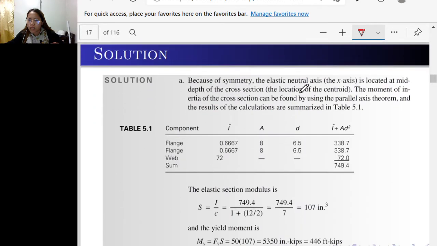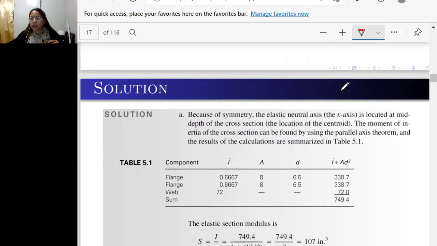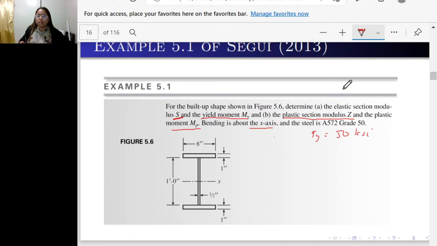Because of symmetry, the elastic neutral axis, the x-axis, is located at mid-depth of the cross-section, which is the location of the centroid. Since the section is symmetrical, the neutral axis is just the mid height of the beam, of the section.